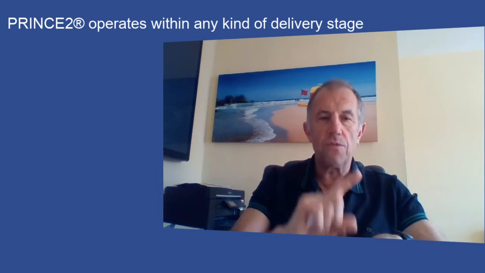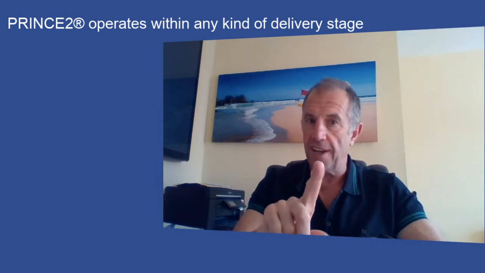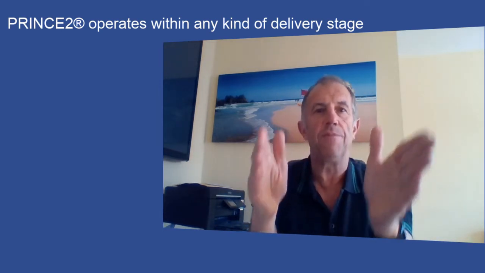And then we go through waves of delivery. If you were to look at a common method, you might have design, build, develop, deliver, whatever it happens to be. PRINCE2 doesn't know what your project's going to be like, so it has no view on this. So what it's done is very cleverly created some processes that can sit in any of the bodies of knowledge.